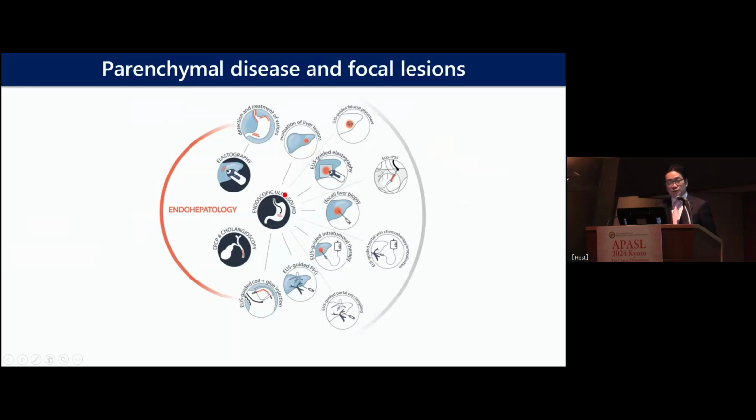There are two indications for endohepatology: parenchymal disease like chronic liver diseases, or focal lesions like liver tumors. We can perform ablation or injection for focal lesions, and biopsy or elastography for parenchymal diseases.